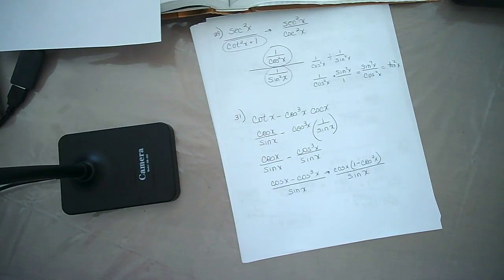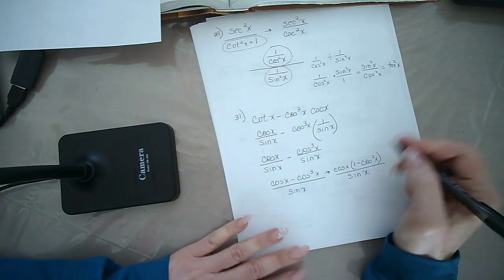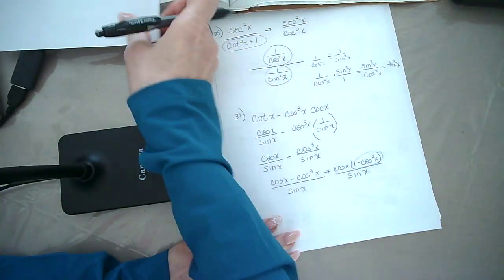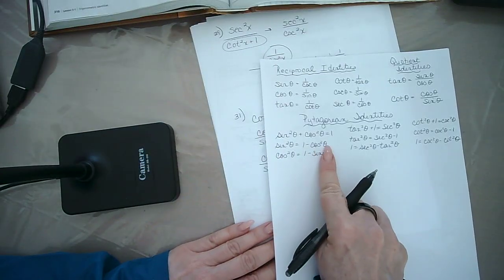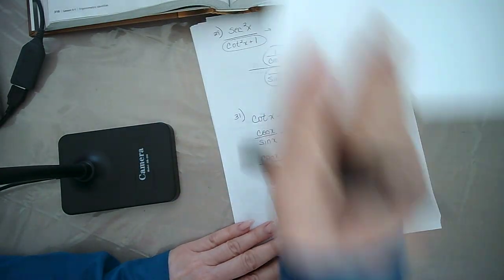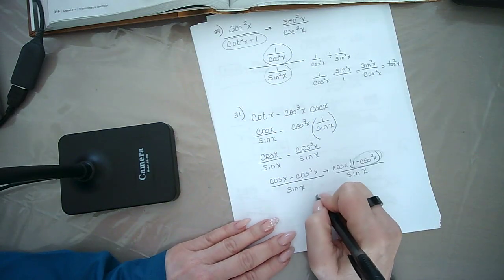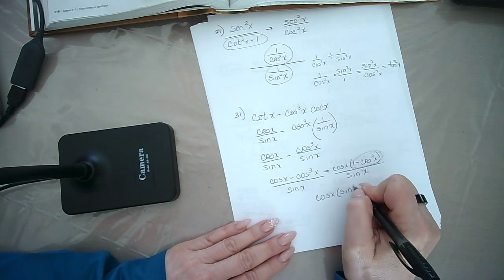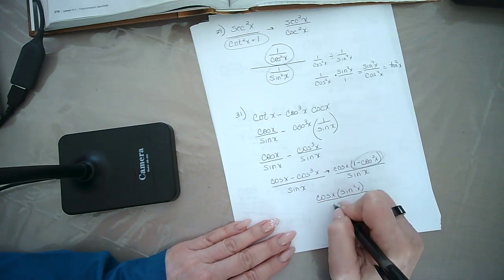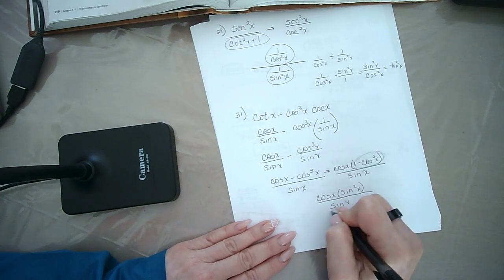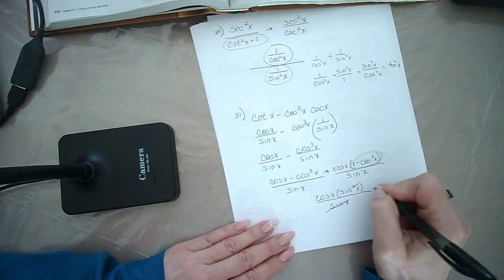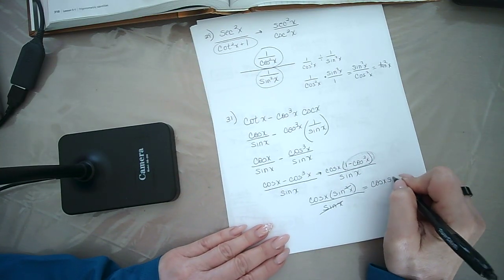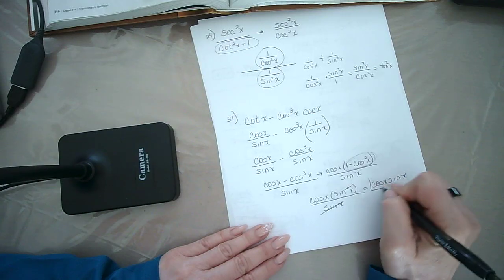At this point, I hope bells are going off in your head, because this is one of my Pythagorean identities. 1 minus cosine squared is sine squared. So it's going to be cosine x times sine squared x over sine x, and then this could cancel with one of these. So my final answer is cosine x sine x.